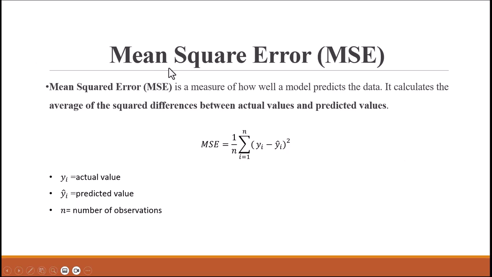Another metric that we use is mean square error, which is a measure of how well a model predicts the data, and it calculates the average of the squared differences between actual values and predicted values.